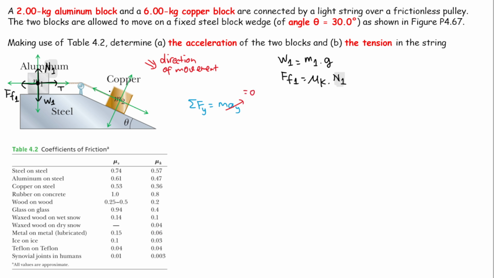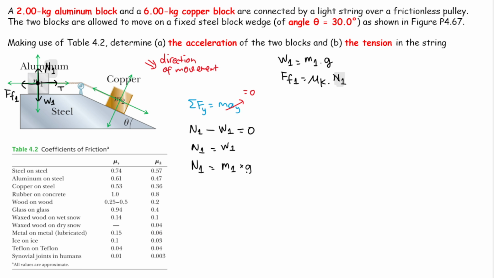That means I will have N1, the force in the positive direction, minus W1 in the negative direction, and all of that equals 0. So the normal force is equal to the weight of mass 1, W1. But W1 is M1 times g, so N1 is M1 times g.